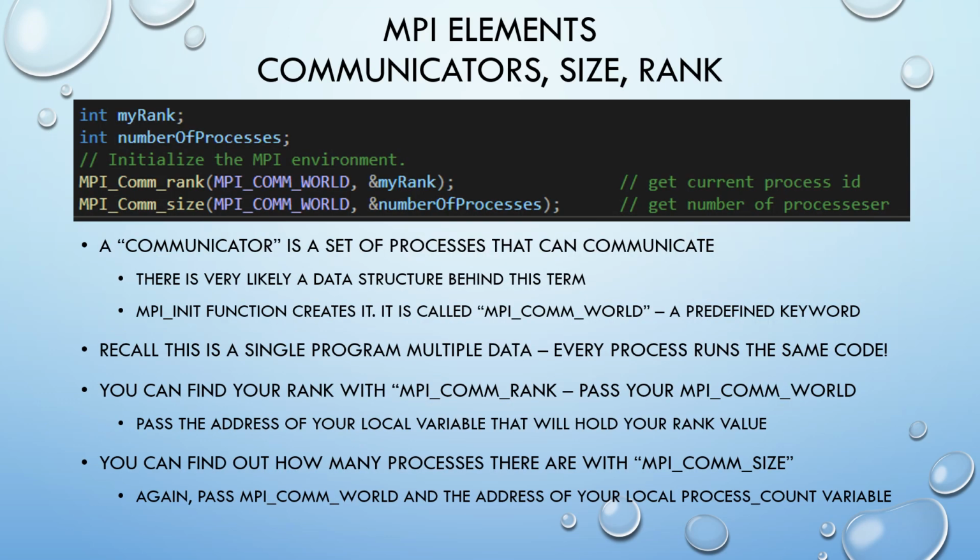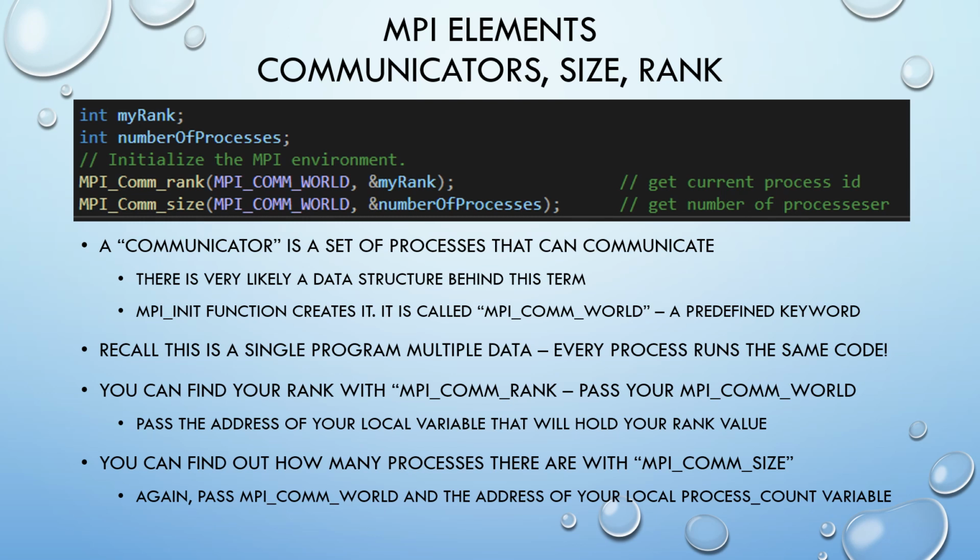All right, so let's talk about the MPI elements or data structures or support structures. First of all, there's something called a communicator. And the communicator is, in my opinion, a data structure that hides behind the scenes. Every one of your processes has a copy of this communicator. It lists all the other processes.